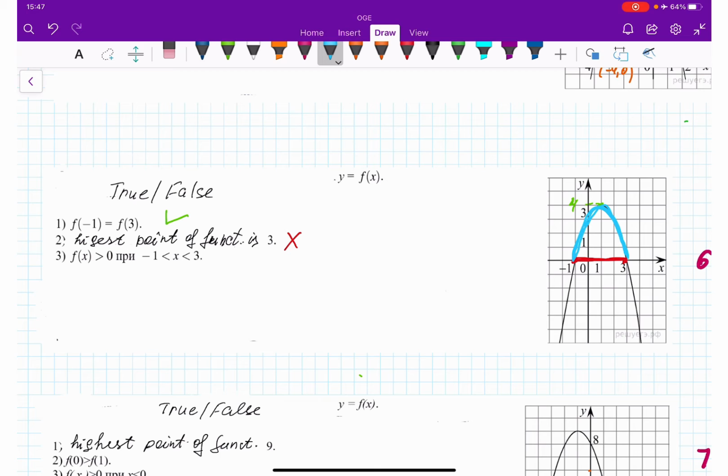If it would ask decreasing or increasing, then we would reject because the graph is increasing and decreasing on this interval. But from the point of f of x greater than 0, yes, that is true. The graph is positive. The function f of x is greater than 0. So green check mark. Moving to question number 7.